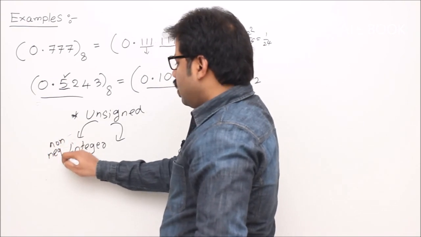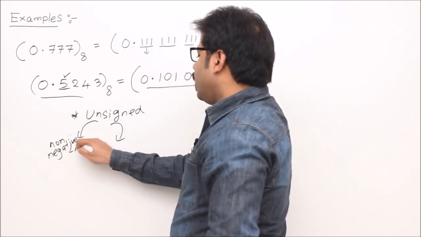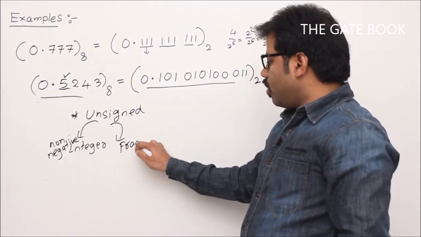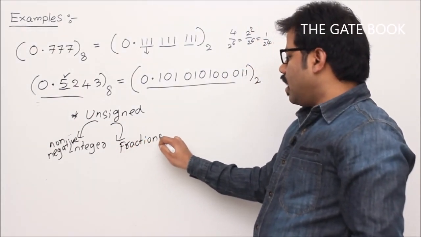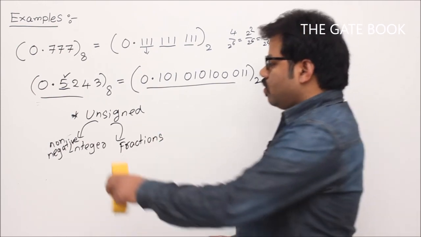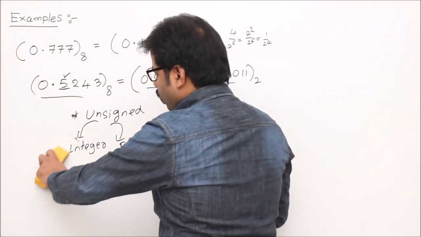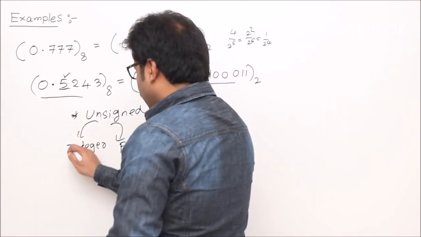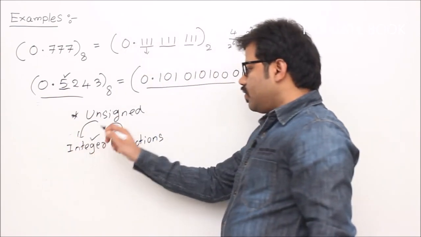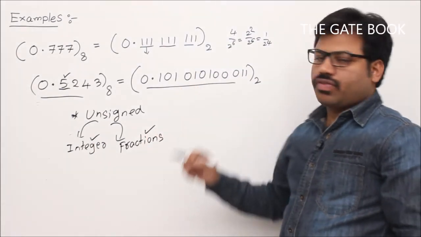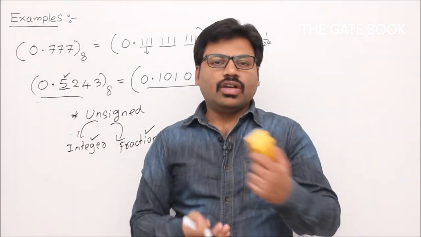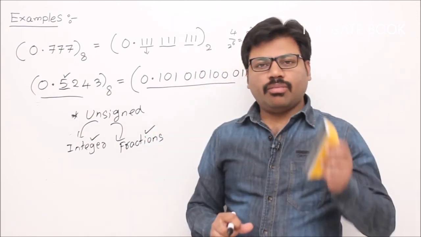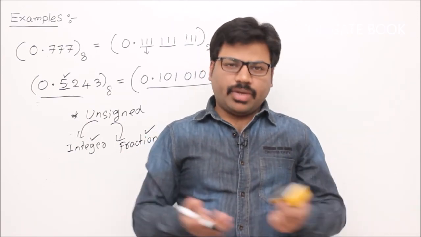So we already saw non-negative integer representation, then after that fractions, correct, how to represent fractions in unsigned. Okay, so let me remove this non-negative. Unsigned means there are no negative values, right, automatically. So unsigned integers we have seen, unsigned fractions we have seen, and various conversions from one base to another base we have seen. Now you know how to convert from each base to another base, correct?